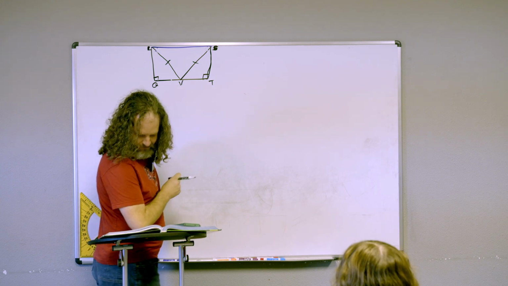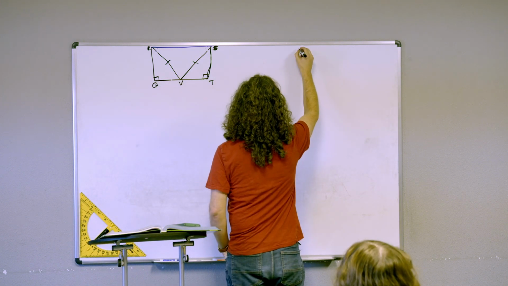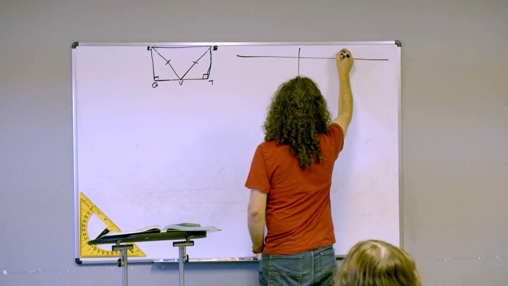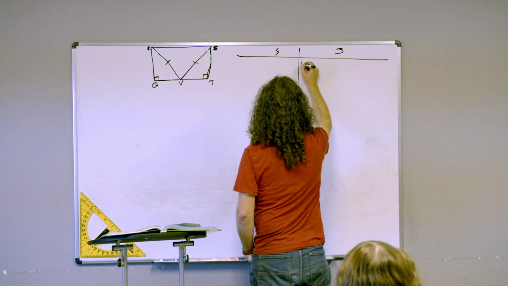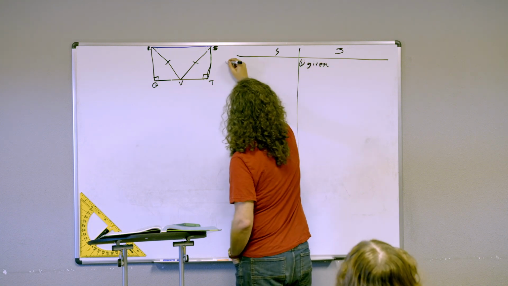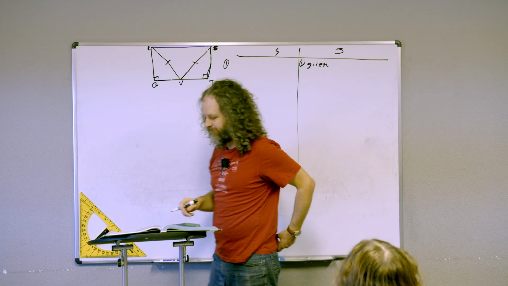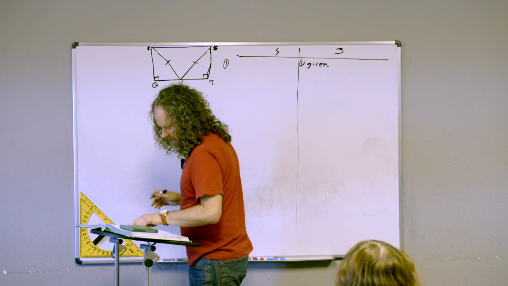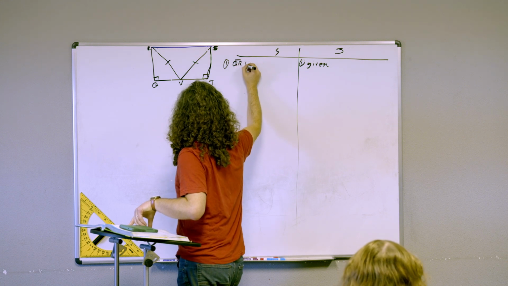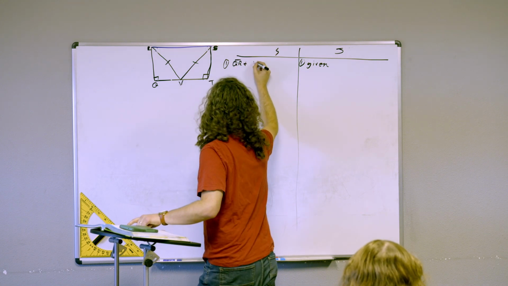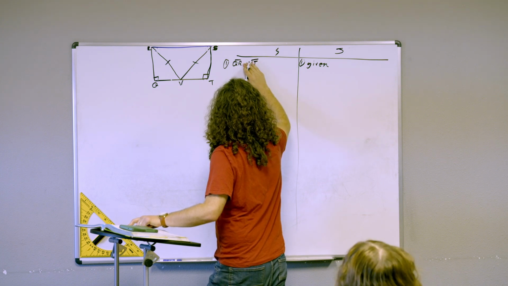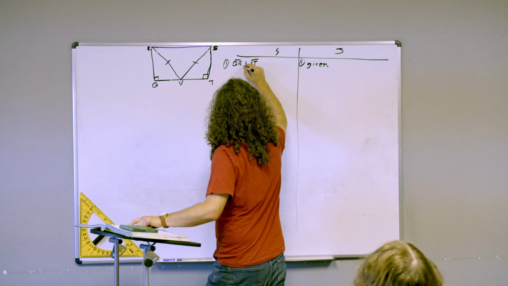Oh, so the given in this proof is a whole bunch of crap. This is 8A. The given says that QR and ST are perpendicular, right?